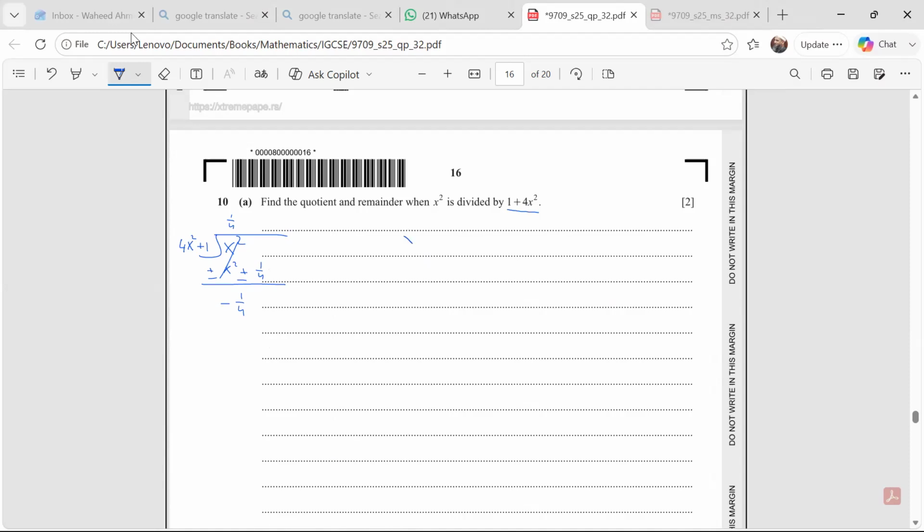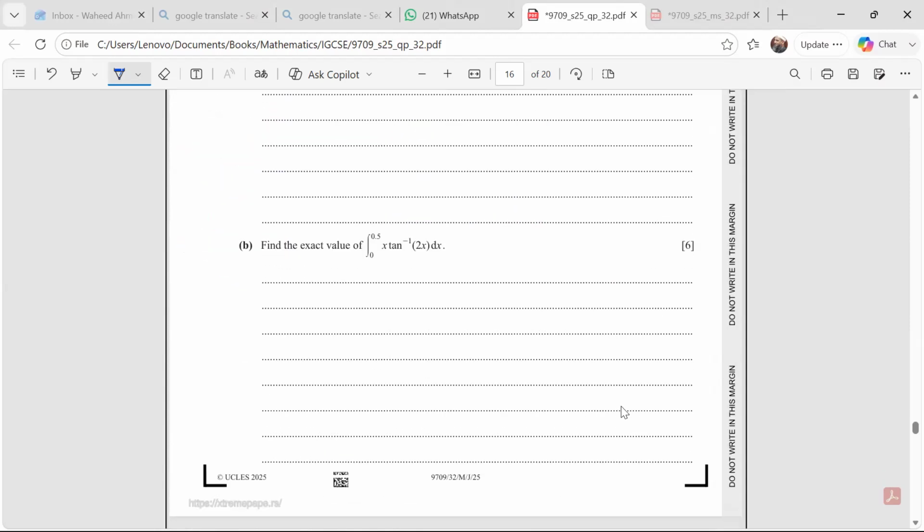So x squared divided by 1 plus 4x squared can be written as 1 by 4 minus 1 by 4 divided by 1 plus 4x squared. I hope this is clear, that when you divide it, this is how you get the quotient and remainder.